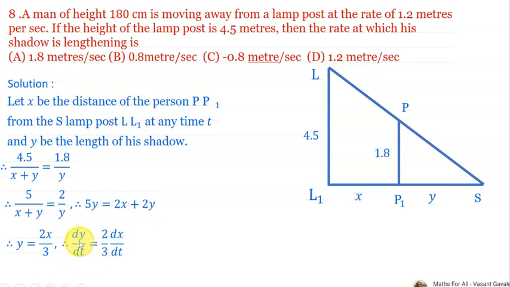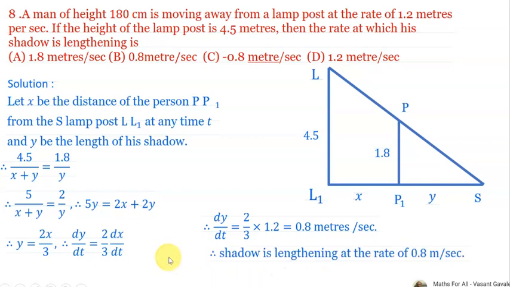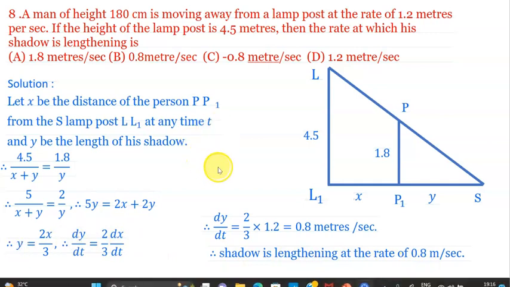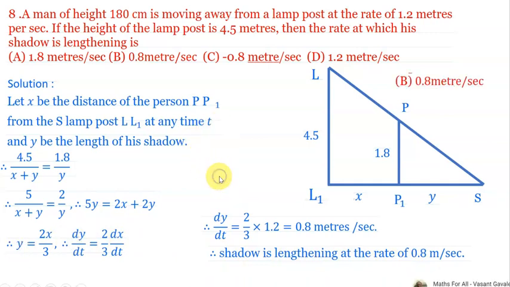Differentiate this with respect to t. dy by dt is equal to 2 by 3 into dx upon dt. Therefore dy by dt is equal to 2 by 3 into the value of dx by dt, which is 1.2, that is equal to 0.8 meter per second. Hence the shadow is lengthening at the rate of 0.8 meter per second, and hence option B is correct here.